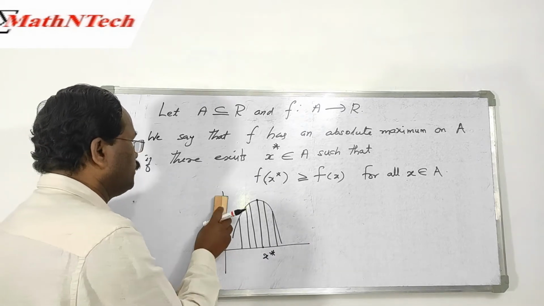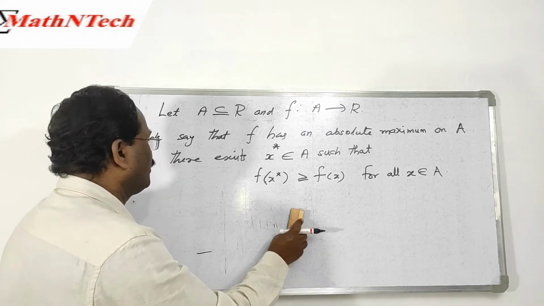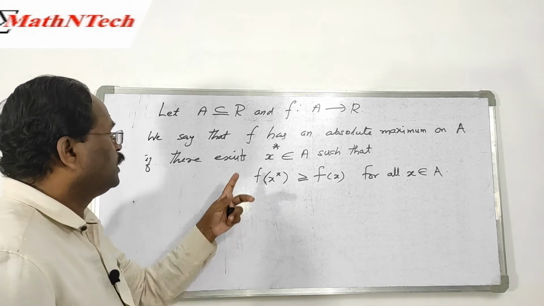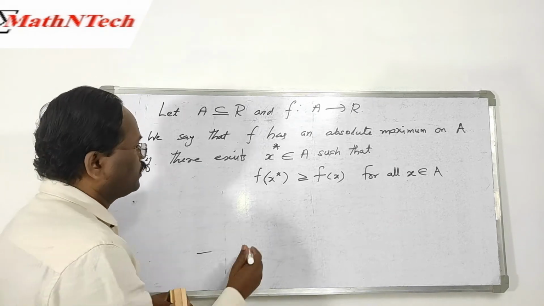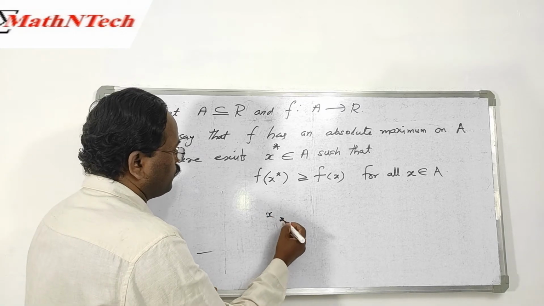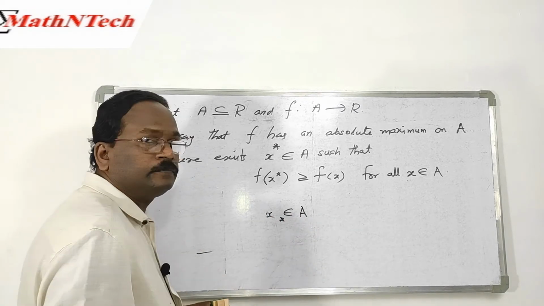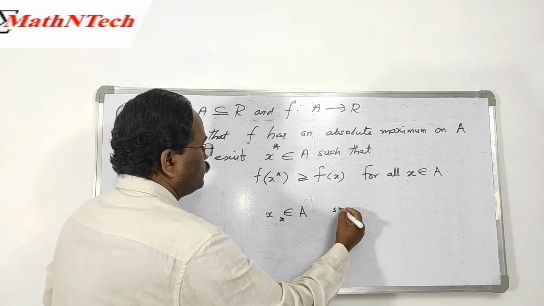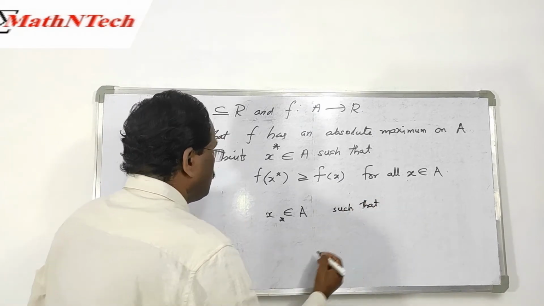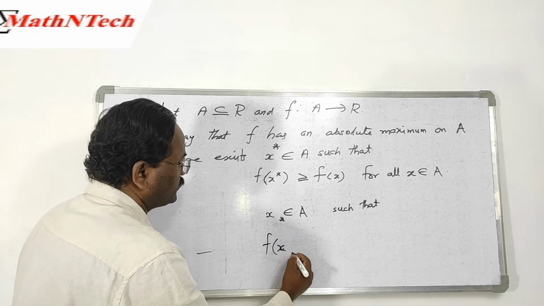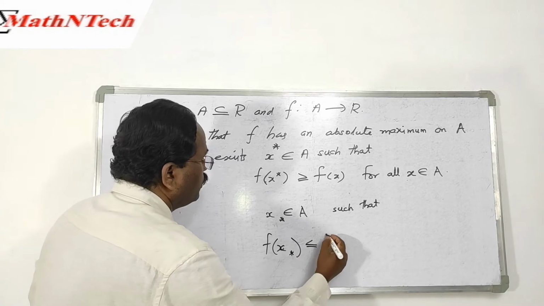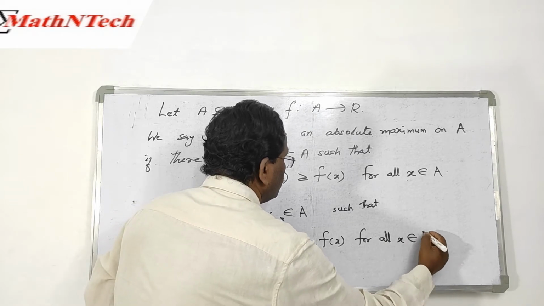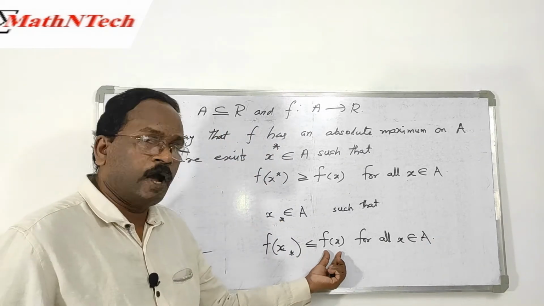So what is the definition? We say that f has an absolute minimum on A if there exists a point x star element of A such that f at x star is the least value, that is, less than or equal to f of x for all x in the set A. Here we check the values f of x.